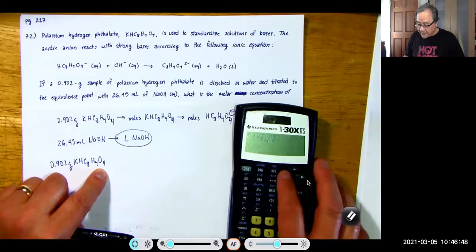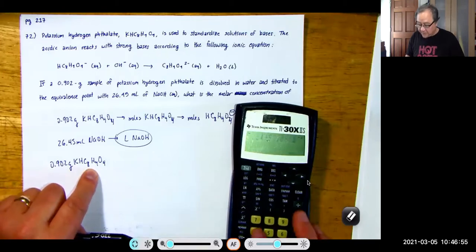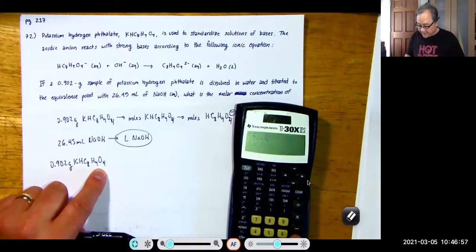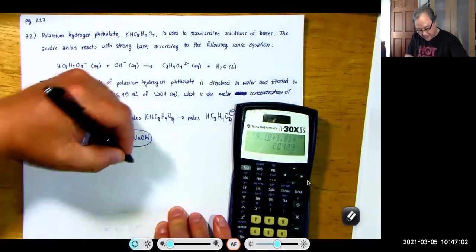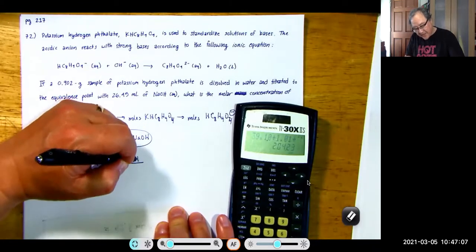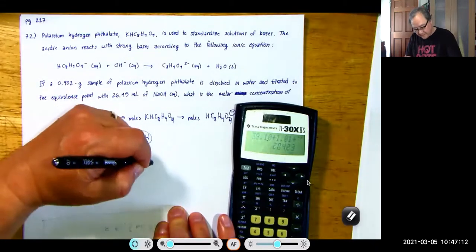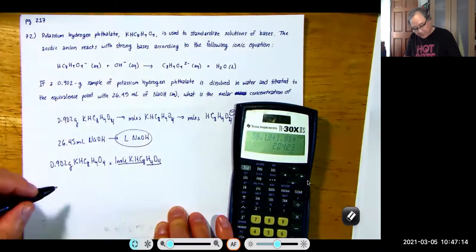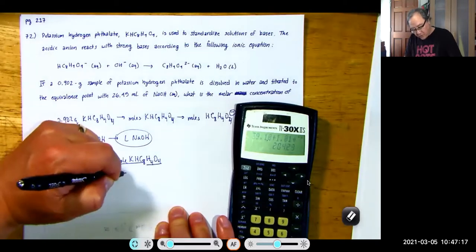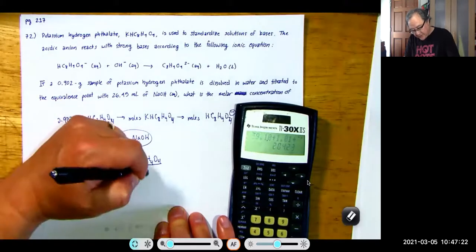Whoops, I made a mistake. Plus 4.04, and then plus 64. So I get times 1 mole of potassium hydrogen phthalate per 204.23 grams of potassium hydrogen phthalate.